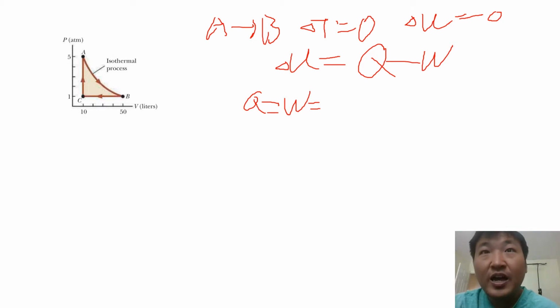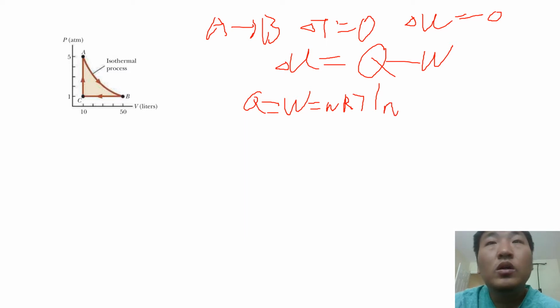relating to nRT log of the final volume VB divided by VA.